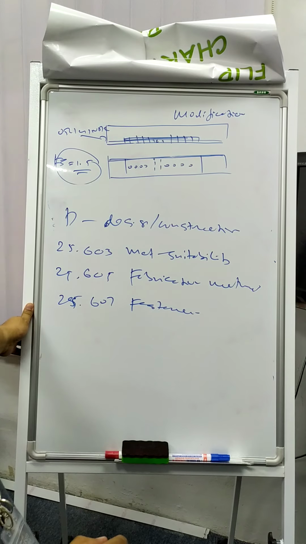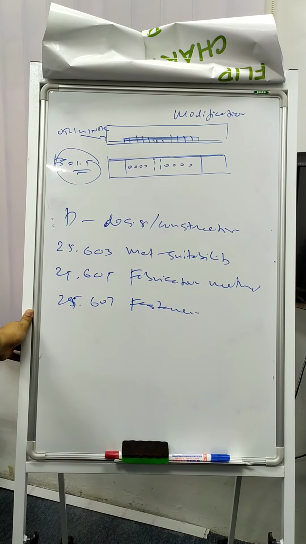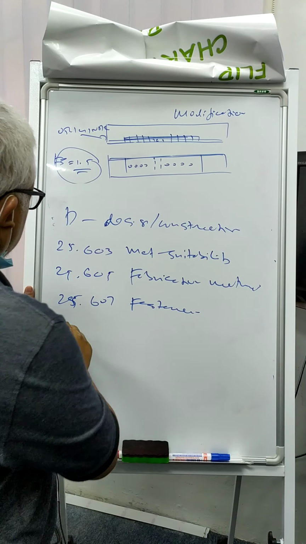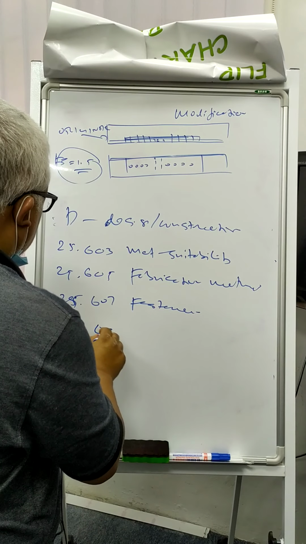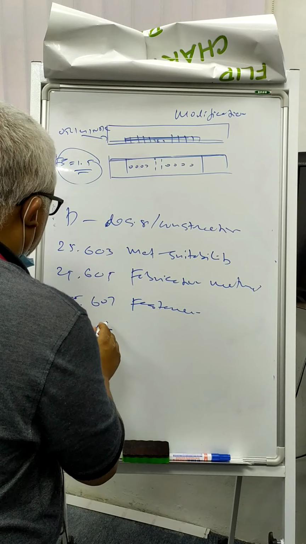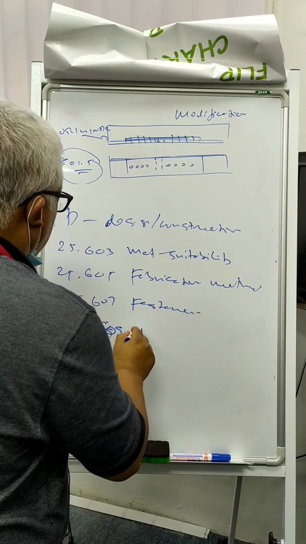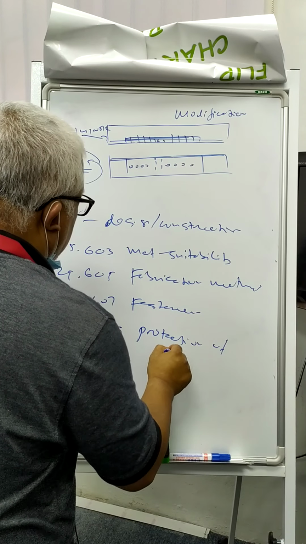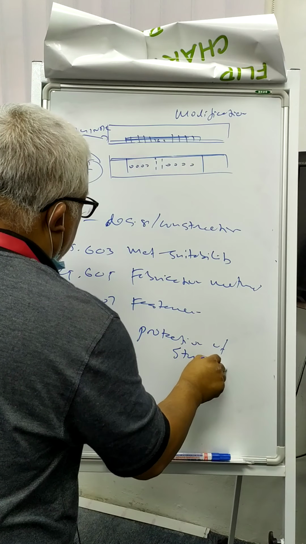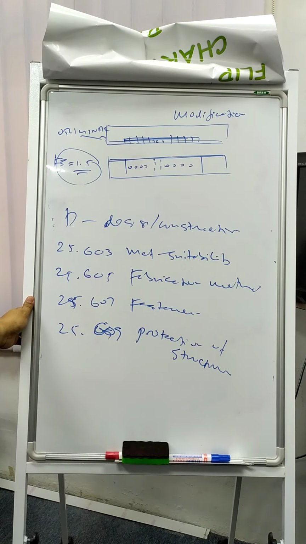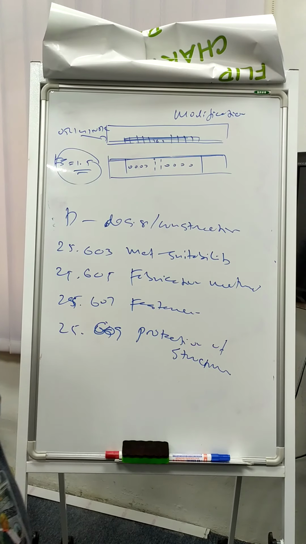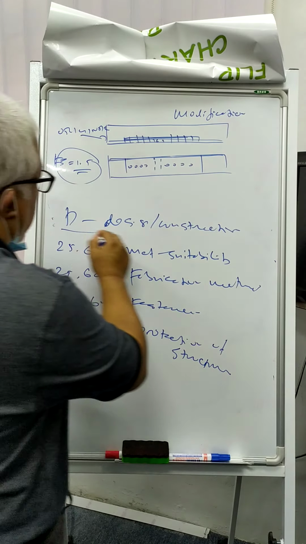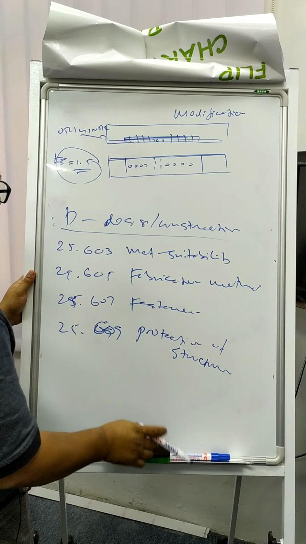Then 25.609. 609 is protection of the structure. So that is what we have to consider when you go to subpart D.